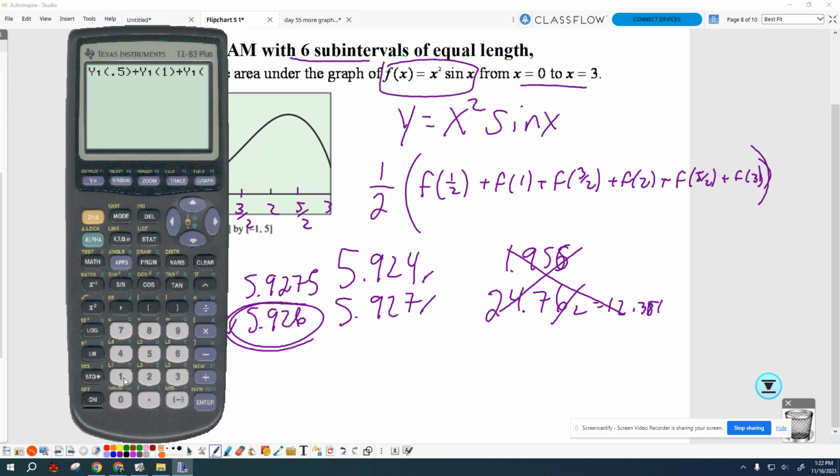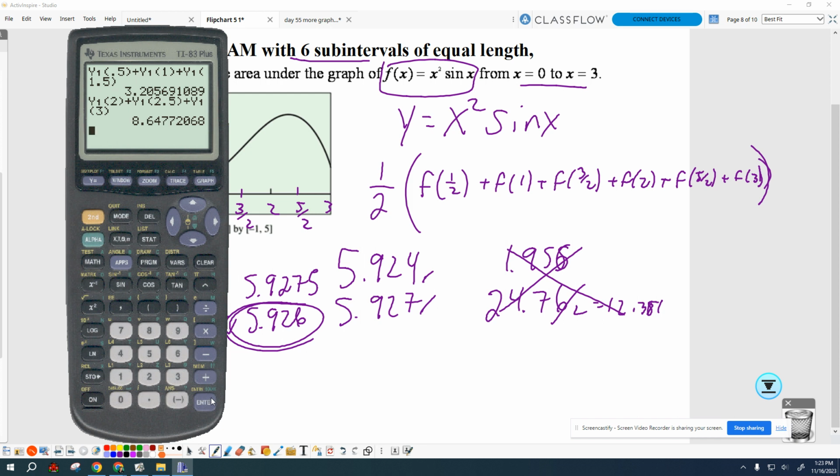Wait, can't you just do the derivative? So that's the first 3. So I just did Y1 at 0.5, Y1 at 1.